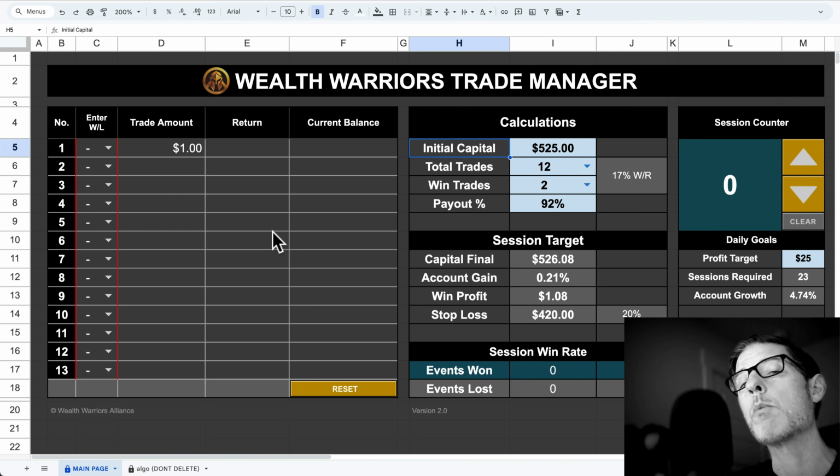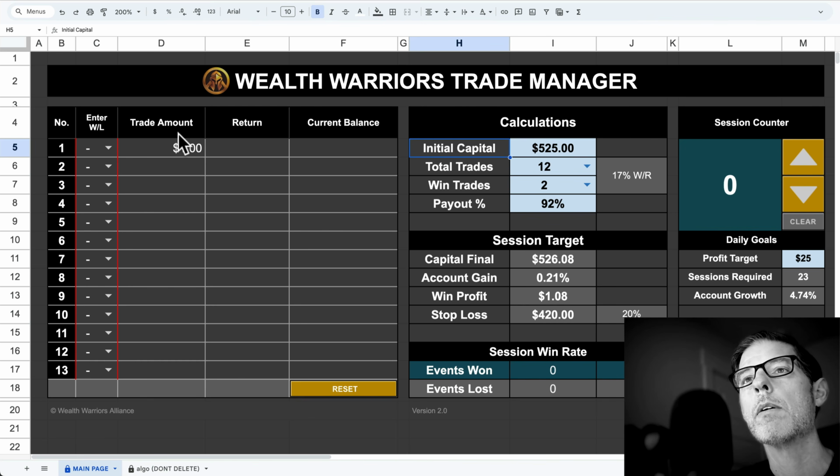If it was Martingale, I wouldn't need to use the trade manager. I could just show you on a notepad, if you have 5 losses in a row, how you can blow your account. That's not what we're doing today. This is something different. This is an algorithm that has been designed so you can have multiple consecutive losses beyond whatever Martingale is going to provide to you.